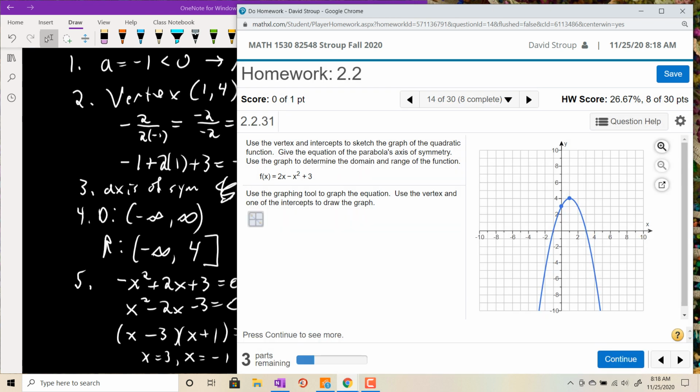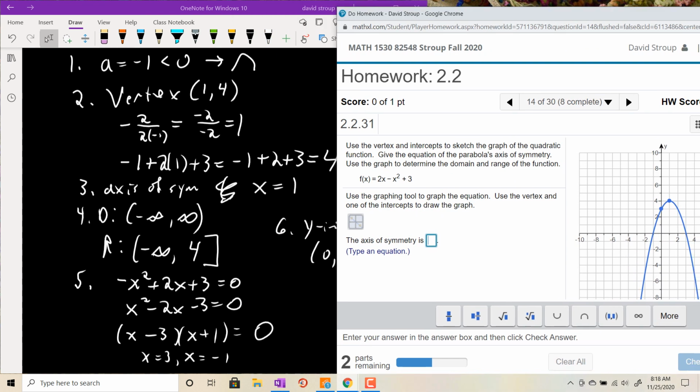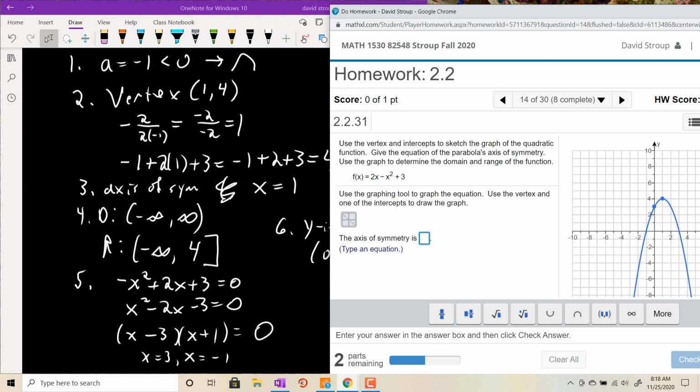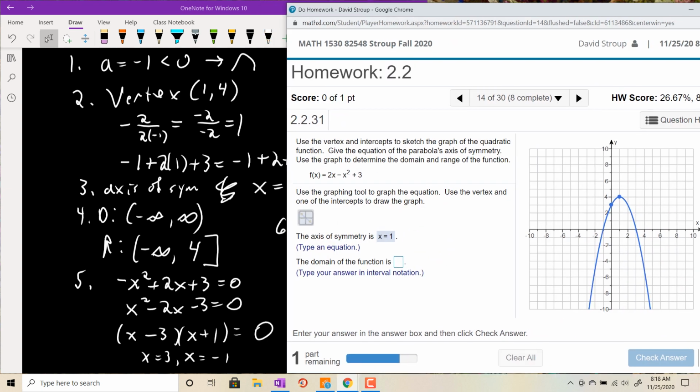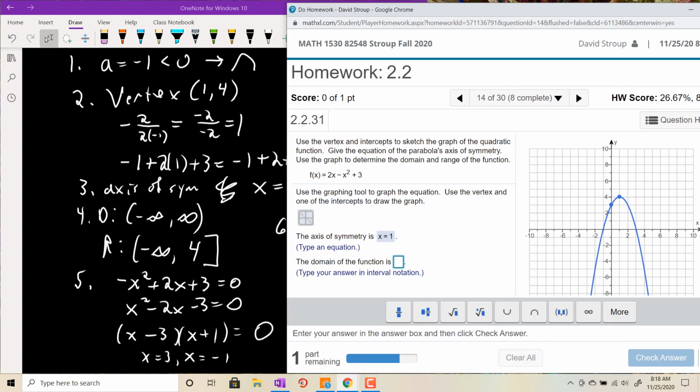What else? Axis of symmetry. X equals 1. Make sure you type an equation. Excellent. Domain, of course, negative infinity to infinity.